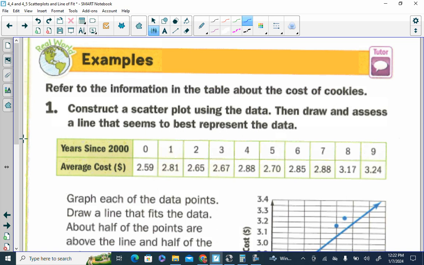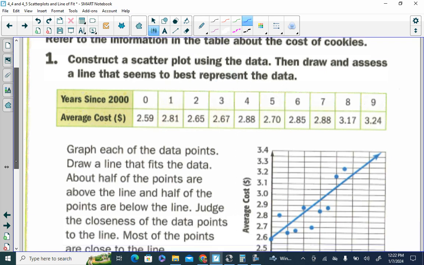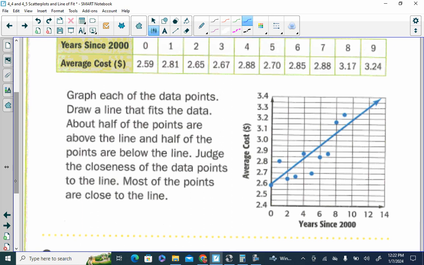Okay, here's our first example. We're told to refer to the information in the table about the cost of cookies. We are to construct a scatter plot using the data, then draw and assess a line that seems to best represent the data. Well, the data has already been plotted for us, and the line has already been drawn for us.